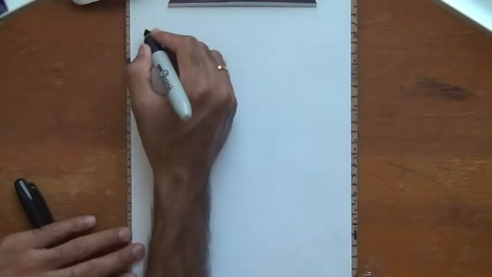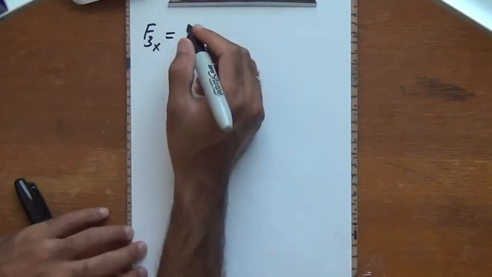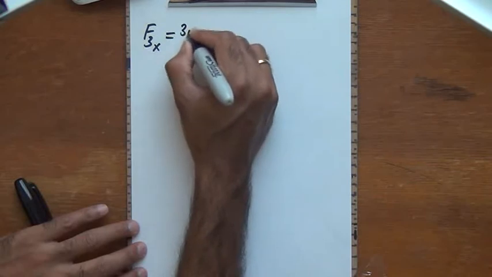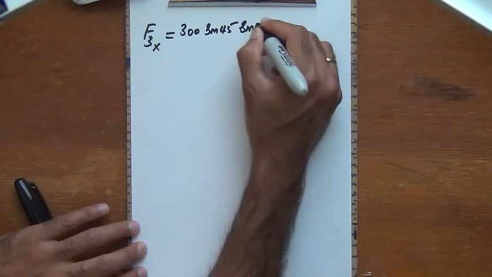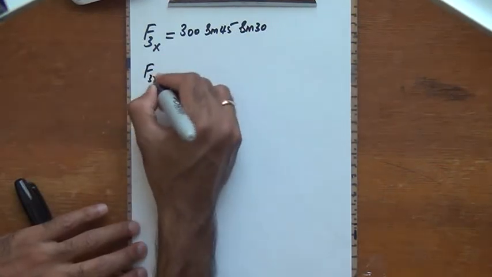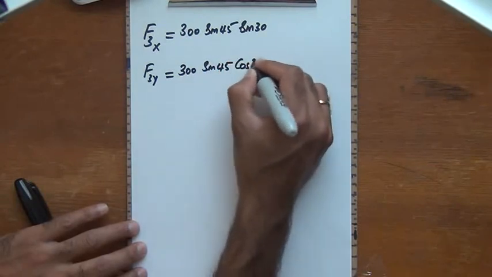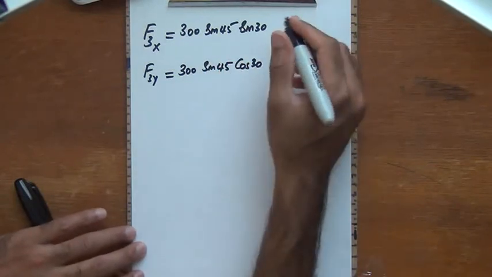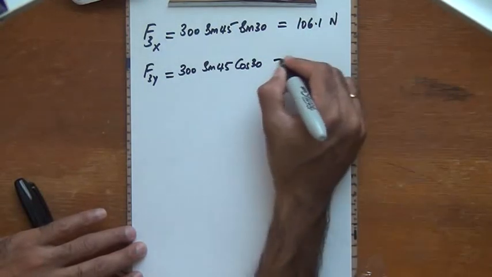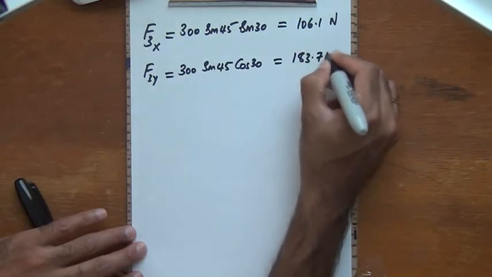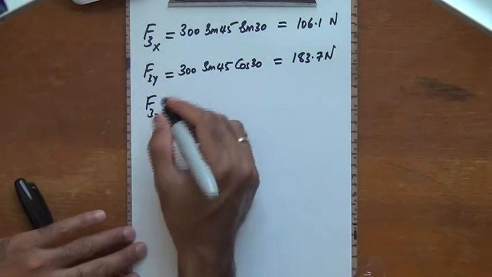So force vector F3, first of all F3x, which was F3 times sine 45 times sine 30, so this is going to be 300 times sine 45 times sine 30. F3y was 300 sine 45 times cosine 30, and this will be 106.1 newtons. This will be 183.7 newtons, and F3z. Now you want to be careful here.